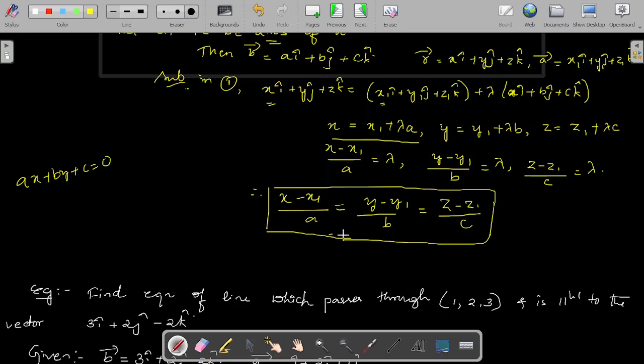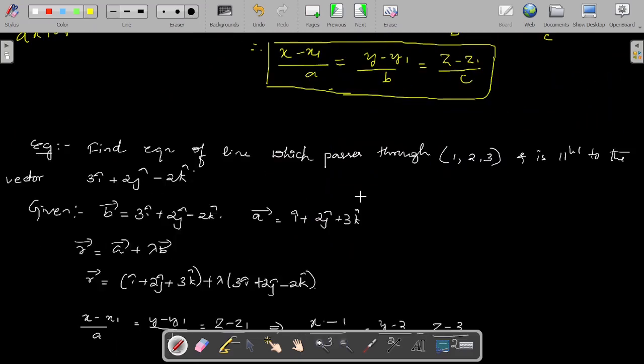That's why the equation looks like this. Even if you get 0 in a denominator, it doesn't mean something by 0 becomes infinity. It is not typical division; it is the representation of a line where three ratios are equated because they are equal to the same constant lambda.